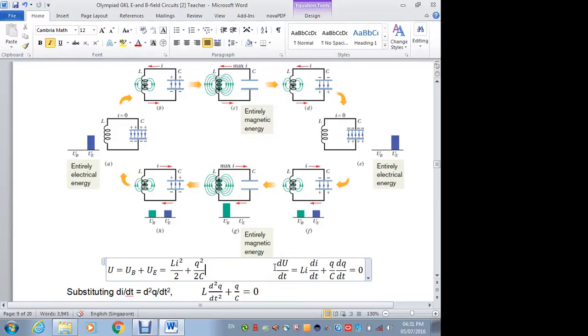Okay. Now, you substitute this dI/dt to be equal to d squared Q/dt squared.